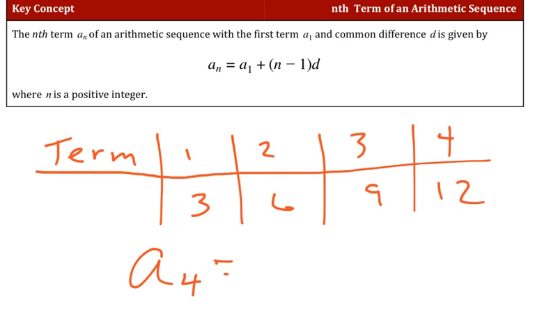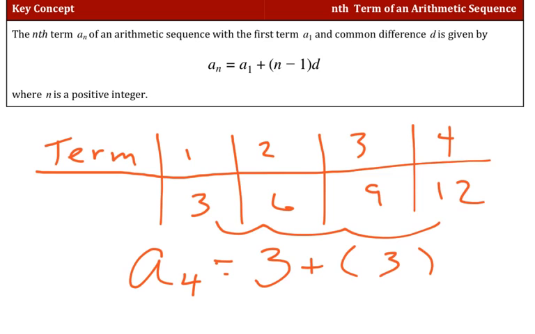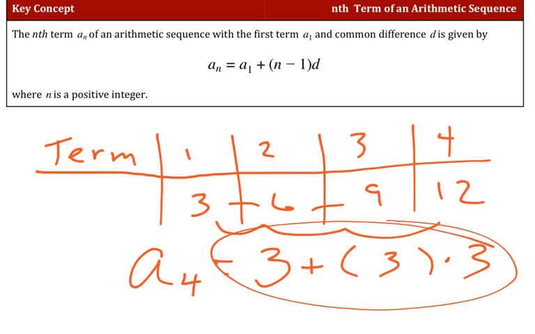Well, if I knew my starting term of 3, then I would have to take an additional 3 steps to get to that term. And each of those 3 steps is the same as a value of 3, so there's my 3 times 3, and 3 times 3 would be 9, and I'd get 12.